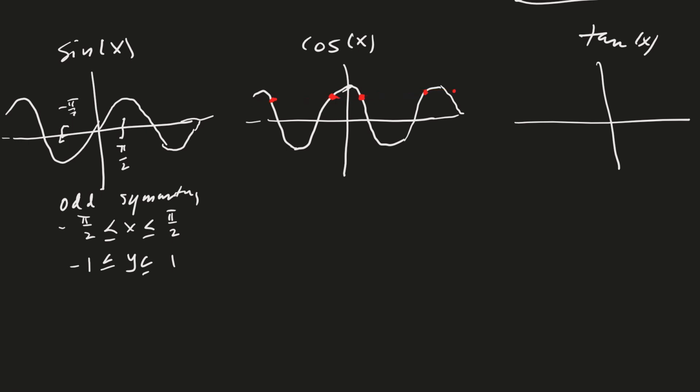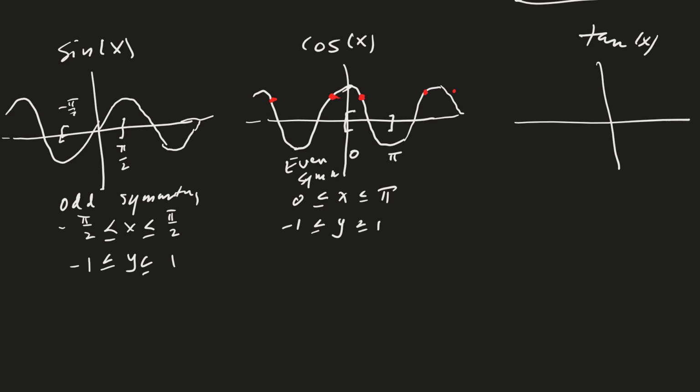And so the typical restriction for the cosine is to go between 0 and pi. And so in this case, by the way, we have even symmetry here. And then x is between 0 and pi. y is still between minus 1 and 1.